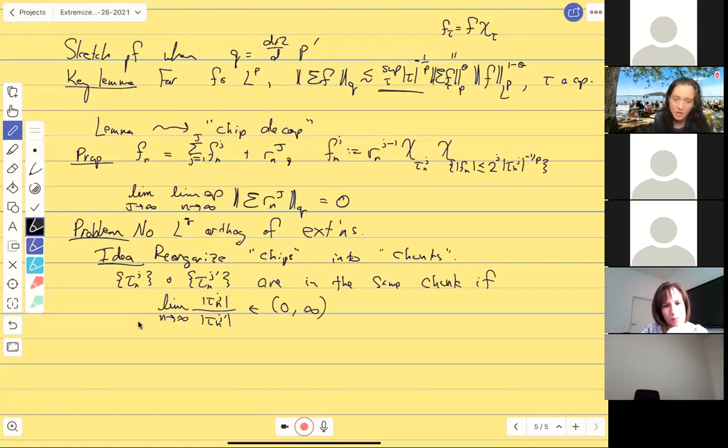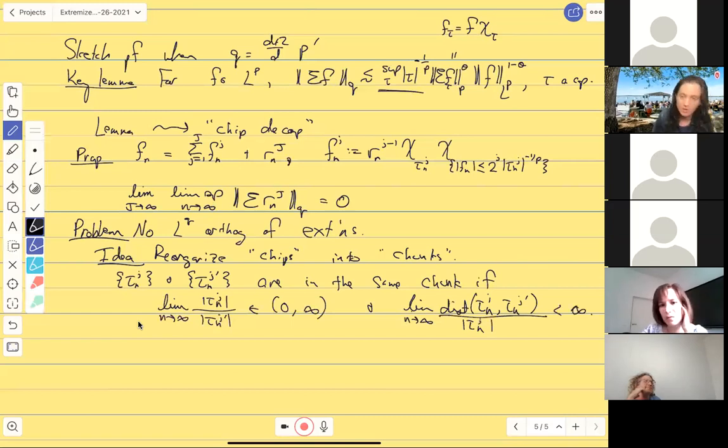And the limit as n goes to infinity of the distance between the two chips divided by the size of the chips converges. So now we group together the chips that are in the same chunks, and those give us a new decomposition.